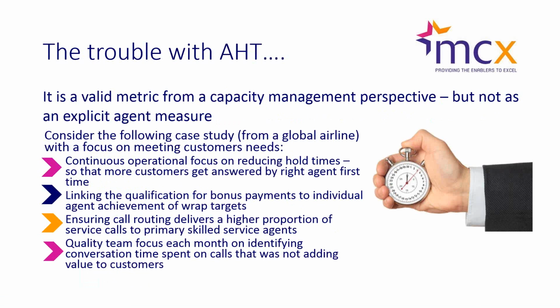And lastly, we used our quality team. We never once said to agents what an AHT metric was in terms of a number, but we did say, think about whether the talk time that you're having with the customer is actually appropriate. So that was about understanding the personality style of the customer. If someone's a bit of a functional controller, they just want things to happen, bang, bang, bang.